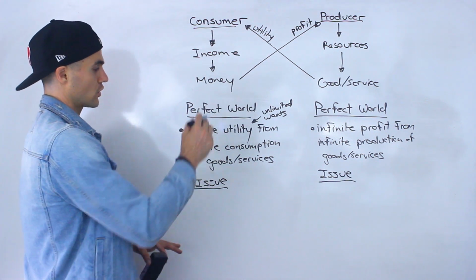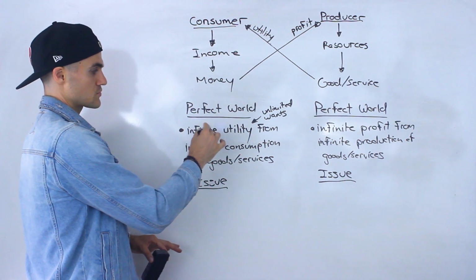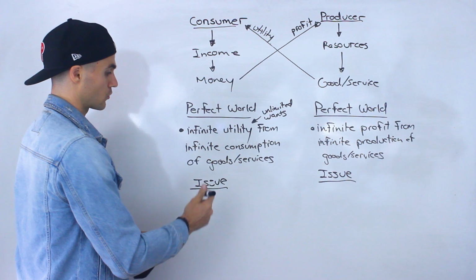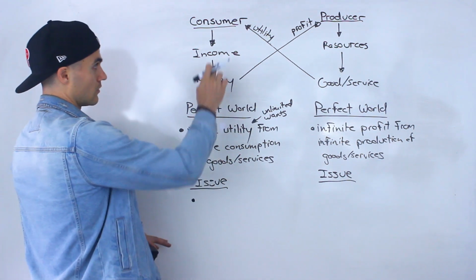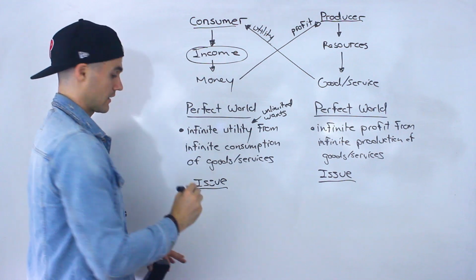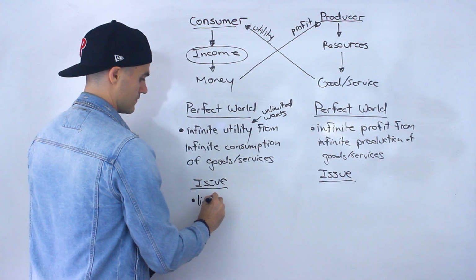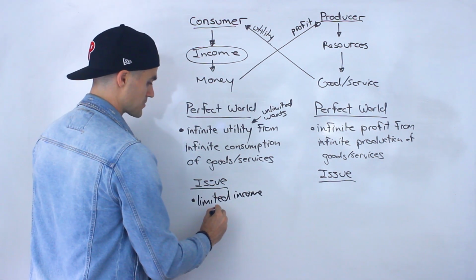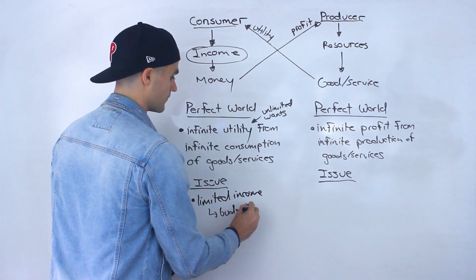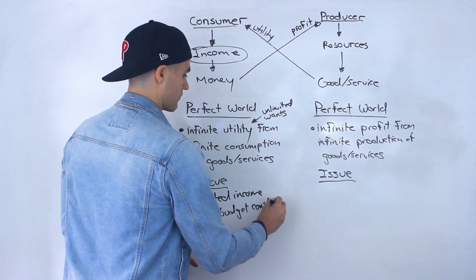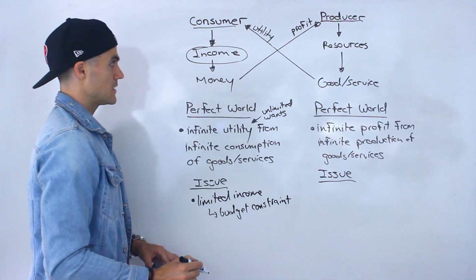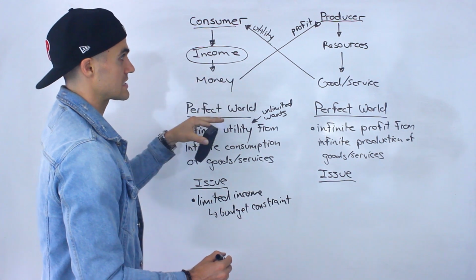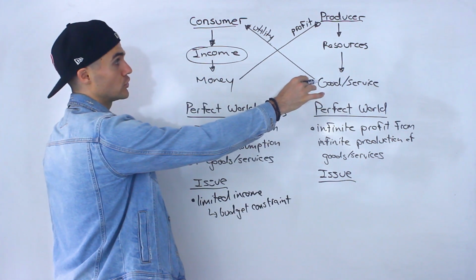What's the issue for a consumer? Why is receiving infinite utility, infinite consumption of goods or services, an issue in the real world? Well, there's a limited amount of income that they have. And sometimes you'll see this called in textbooks the budget constraint. Because consumers have limited income, they're going to have limited money, which means they could only buy a limited amount of goods or services.